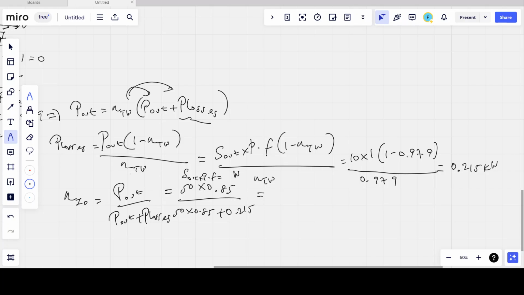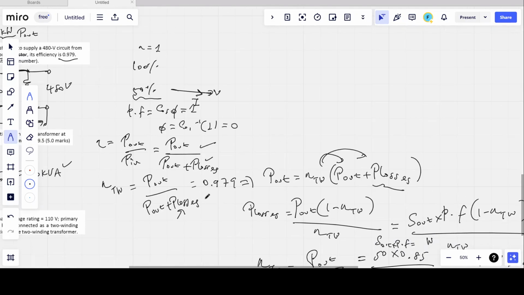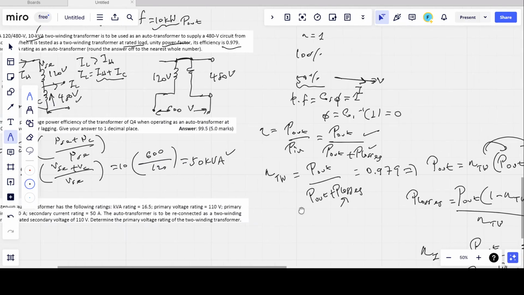When I do this mathematics, I'm getting 0.9949, something like that. In percentage, this is about 99.49% or 99.5%. And if you look at the problem that I've given to you, that's exactly the answer they got here. So it's 99.5%. That is the efficiency of this autotransformer.